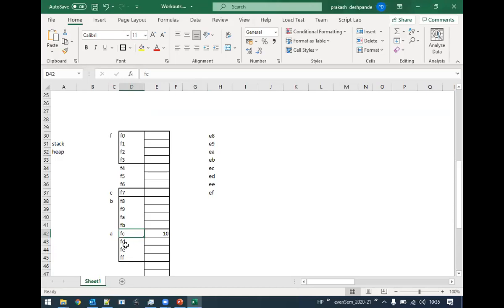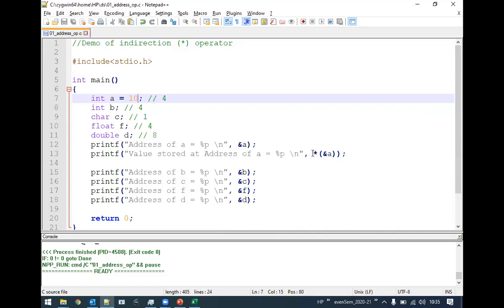Can anyone try to answer? Value at this particular address FC means what? What will we get? So 10. Very good. I will repeat once again: star here is an indirection operation. What does this indirection operation provide? It provides the value stored at a particular address, right?